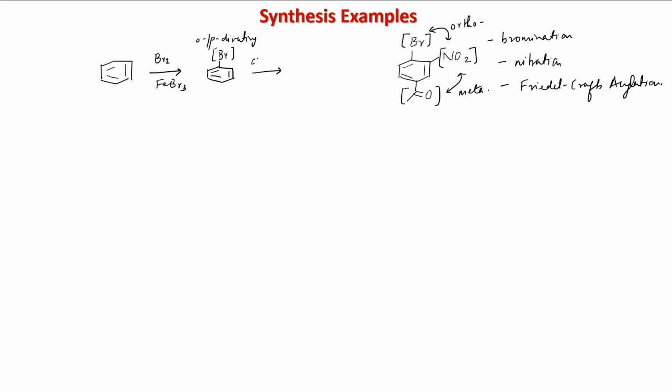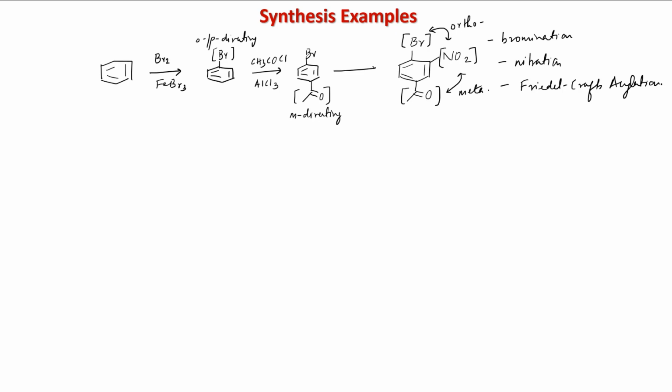We're going to use CH3COCl, because that's the acyl group that we have, and aluminum trichloride, and this would give us a product where we have the bromo and the acyl group at the para position. And at this point we have two groups, the bromo group which is ortho-para directing and the acyl group which is meta directing.